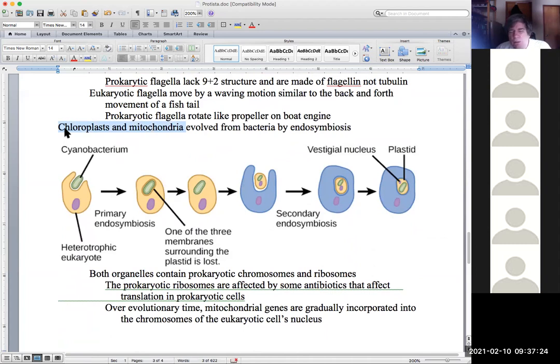Because if we look at chloroplasts and mitochondria, we have very good genetic evidence that they both evolved from bacteria. And they evolved by a process called endosymbiosis.